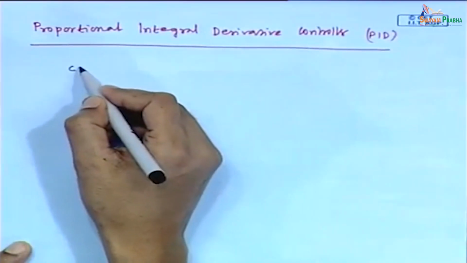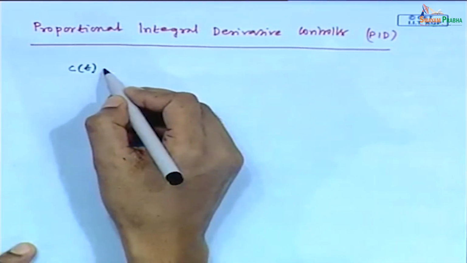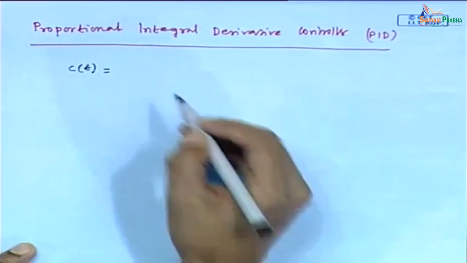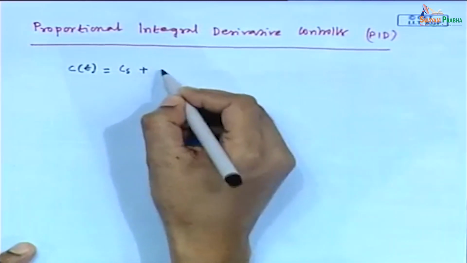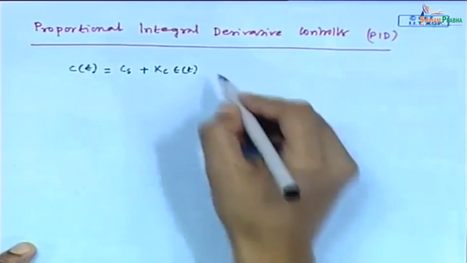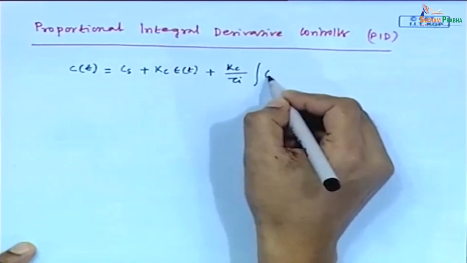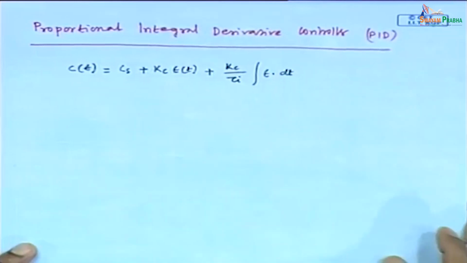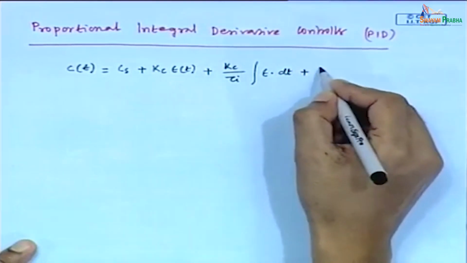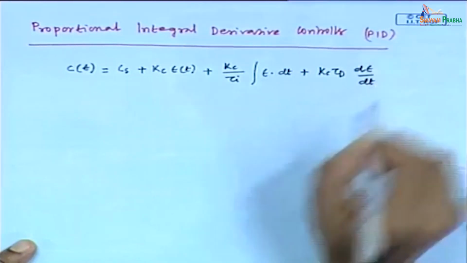Now, if we represent manipulated variable as C, then the PID controller can be written as C(t) equals Cs plus Kc epsilon(t) plus Kc divided by tau I integration of error dt plus Kc tau d d error dt.